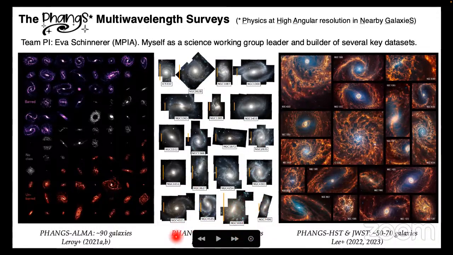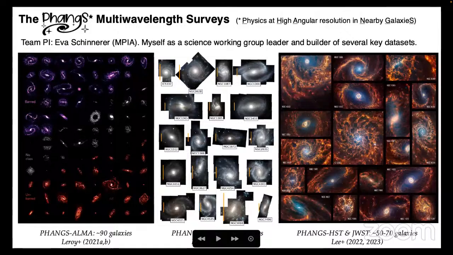This includes about 20 nearby galaxies for which we have VLT MUSE IFU data, which tells us about the stellar population, the HII regions, etc. And most recently, we have the FANGS HST and JWST surveys, which cover around 50 to 70 galaxies. This gives us a very deeply resolved view of star clusters, stellar populations, and the ISM traced by dust emission. With all this amazing multi-wavelength dataset, we have made quite some progress in understanding how the baryon cycle works on individual star-forming region scales.